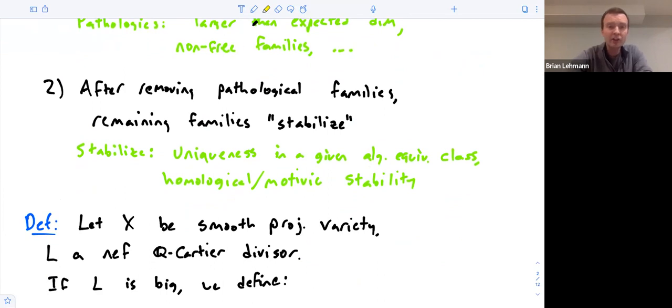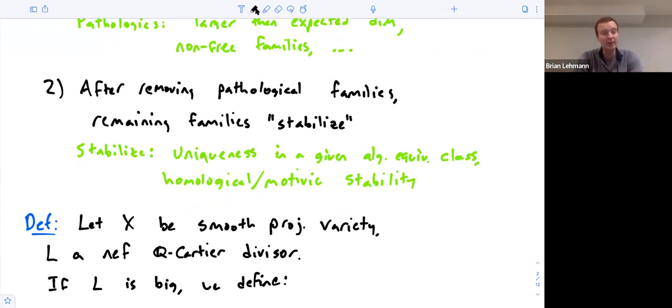The second part of the conjecture says that after we remove the pathological families, the families that are left stabilize in some sense. So they admit some sort of systematic behavior as the degree gets large. Here's a couple examples of what that might mean.